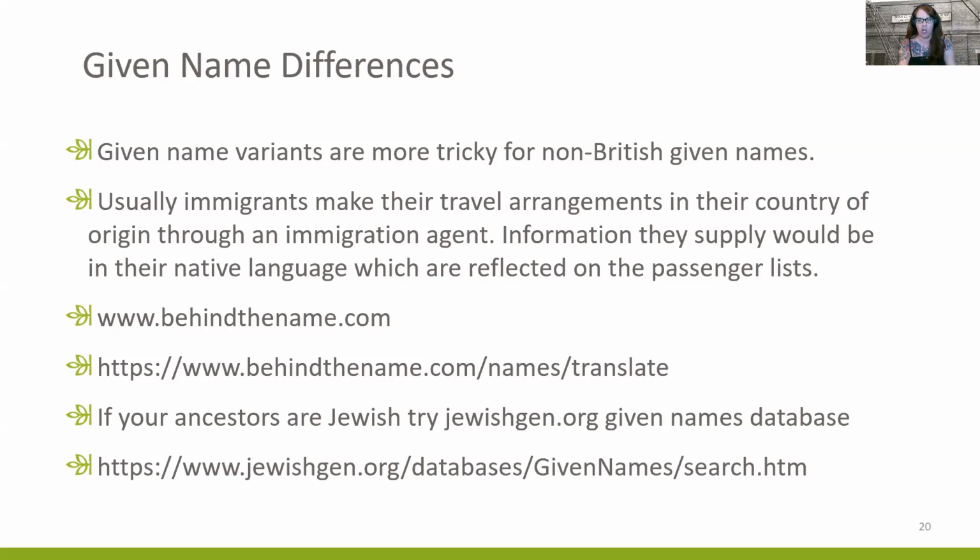So if you want to look for John Poland or John Hungary, it'll give you the variants of that name, which you can then use in the search for your immigrant in the database. If you have Jewish ancestors, there are some Hebrew versions on Behind the Name, but I like to use jewishgen.org, their given name search database.